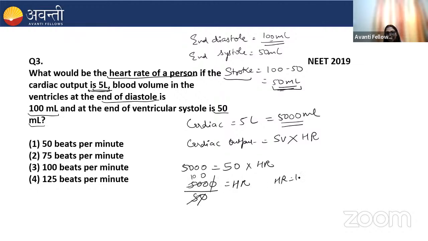Heart rate will be 100 beats per minute. The correct option would be 3. Very good, Chechuni. It is 3. Very good, beta. I hope it is clear to everyone.